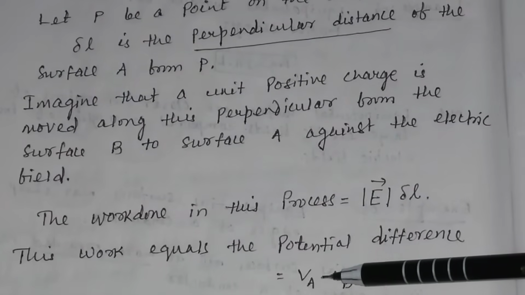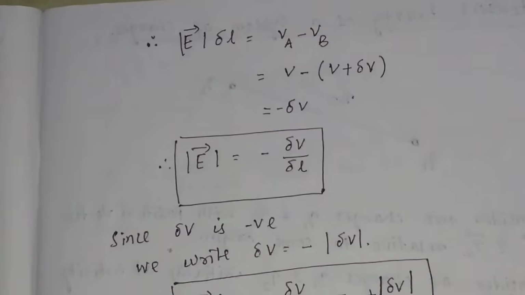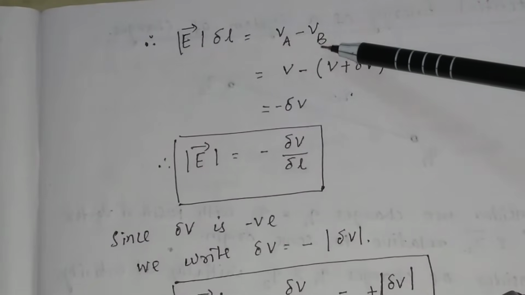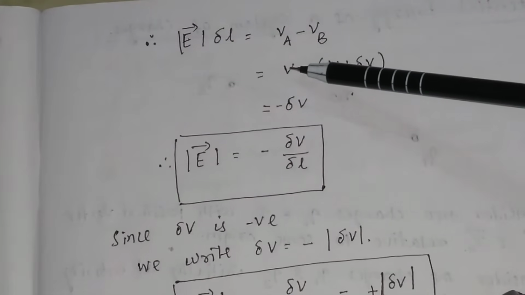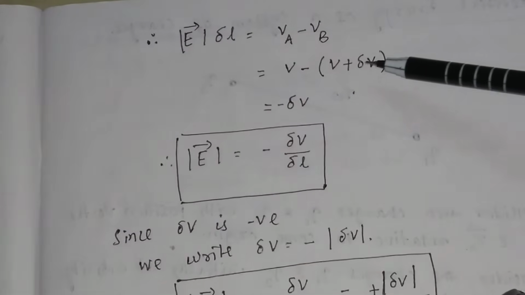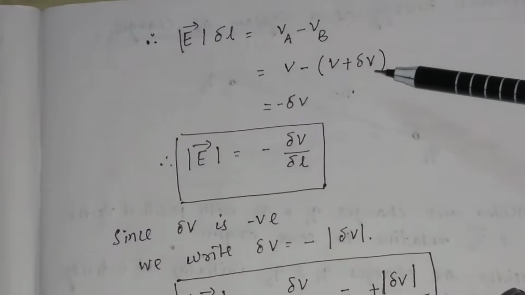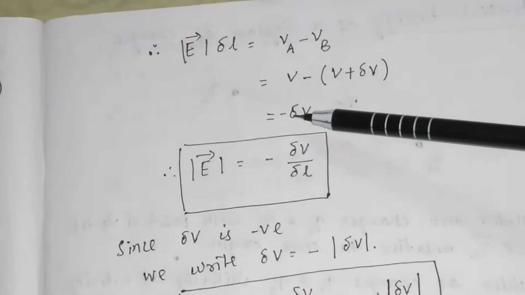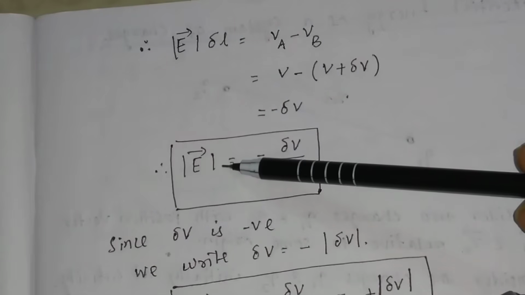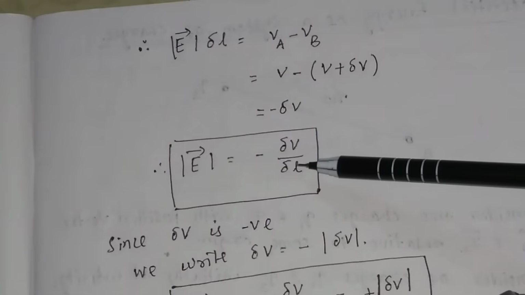So the magnitude of the field E times delta L is equal to VA minus VB, but at A the potential is V and at B the potential is V plus delta V. So V minus (V plus delta V) is equal to minus delta V. So the magnitude of the electric field E is equal to minus delta V divided by delta L.